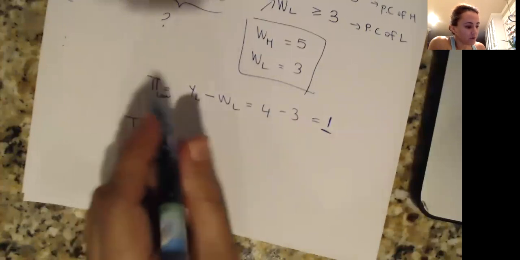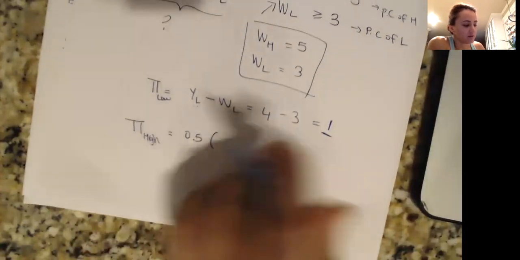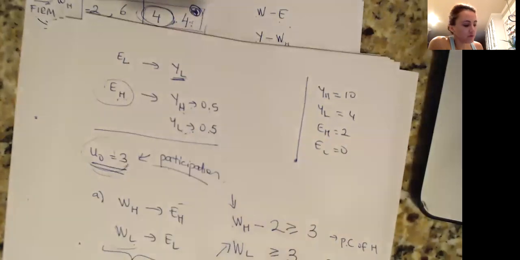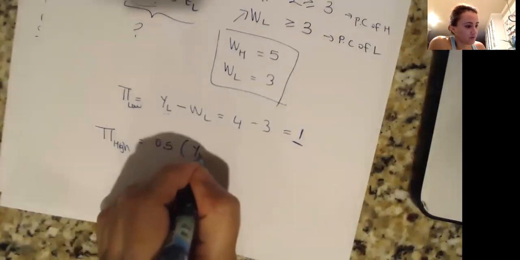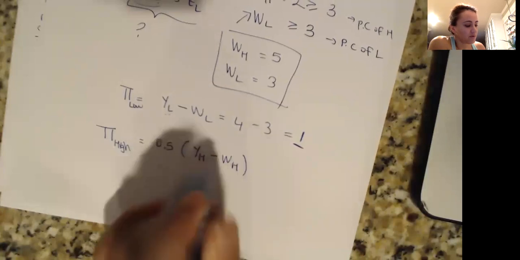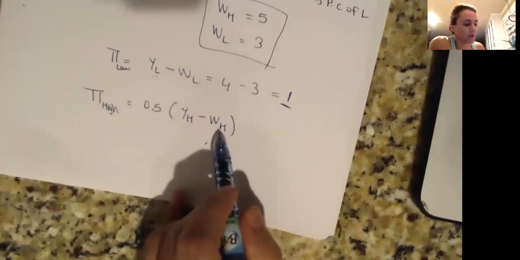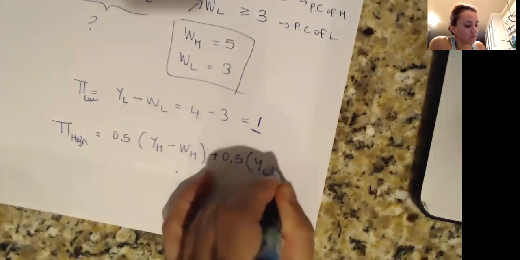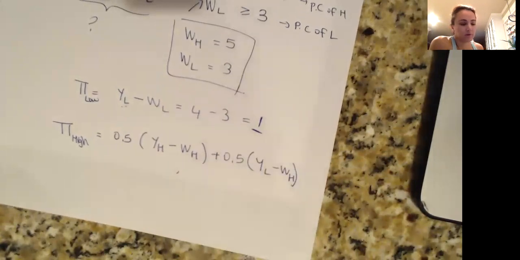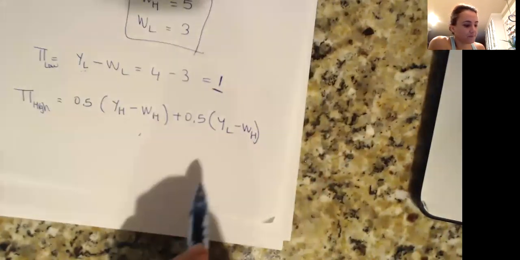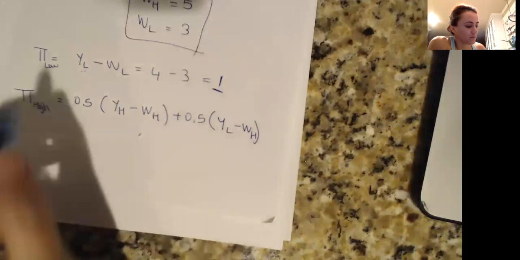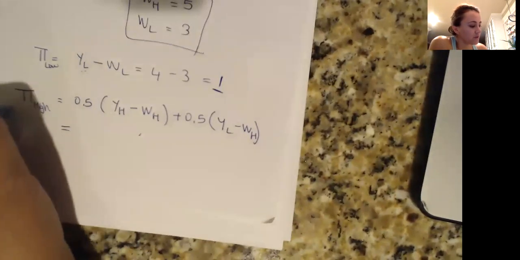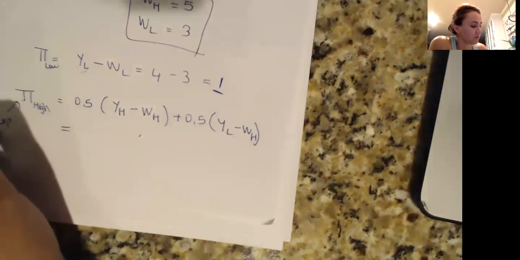When I have a high worker, with 50% probability I'm going to have high output. And remember, this is a high effort worker, so I'm paying the worker WH. But with a 50% probability, I'm going to get low output, but I'm still paying the worker WH. So that's why this profit is the expected profit.